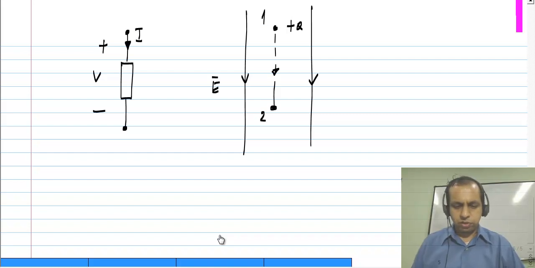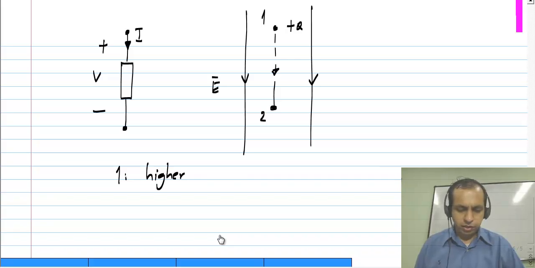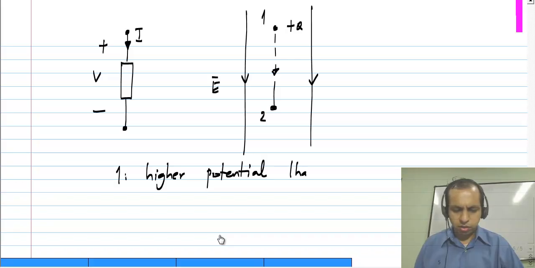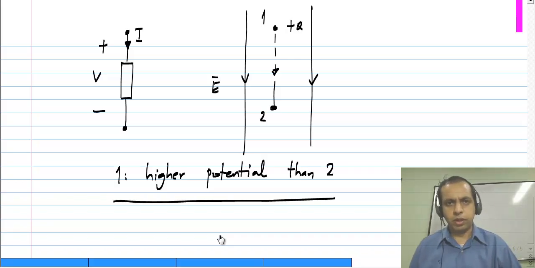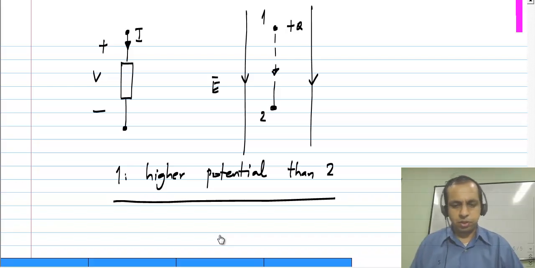So first of all, this means that 1 is at a higher potential than 2. And how much higher is basically characterized by the potential difference V1 minus V2.